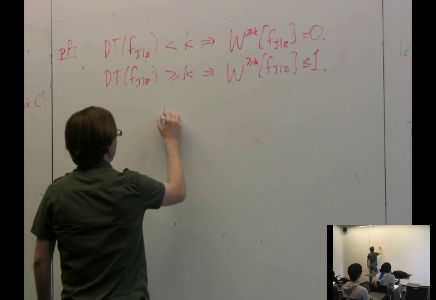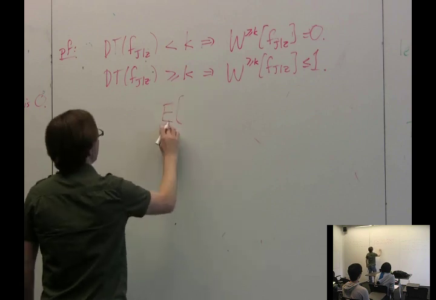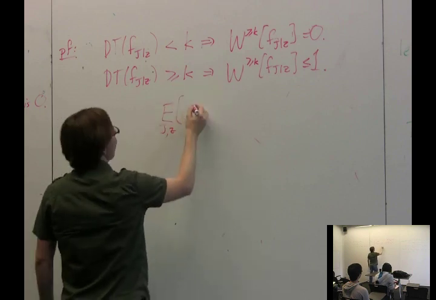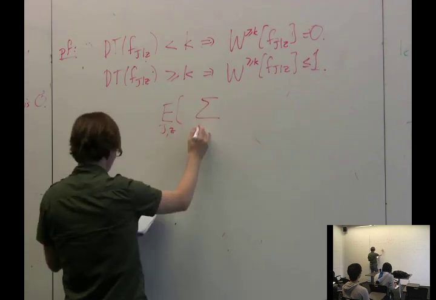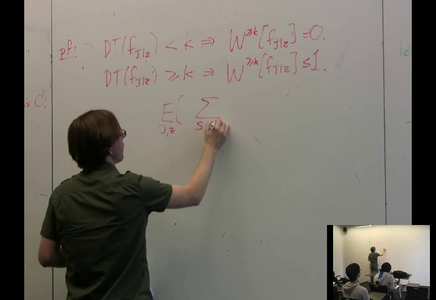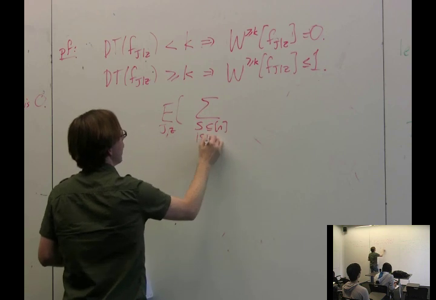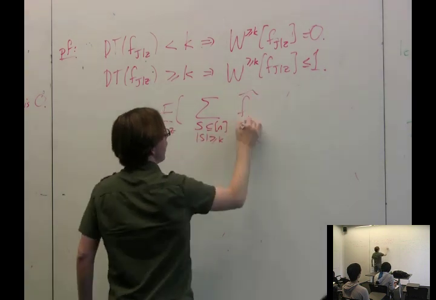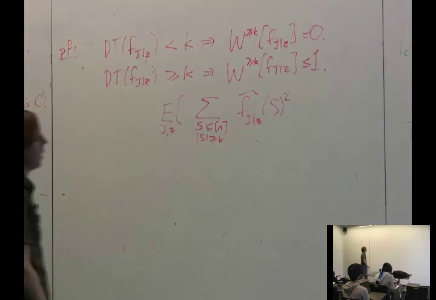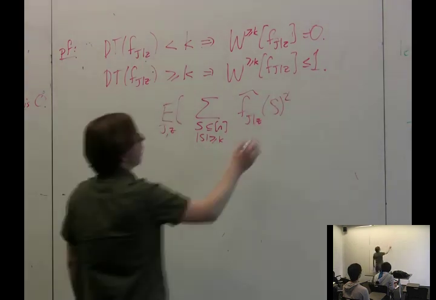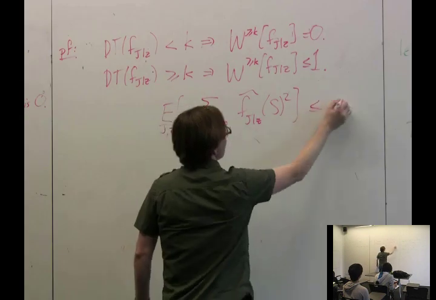So what we know is that the expected value over J and Z of the weight above level k, which I'll write out more explicitly, is the sum over S of cardinality at least k of the restricted function's Fourier weights, f_{J|Z} hat of S squared. We know that's at most epsilon.